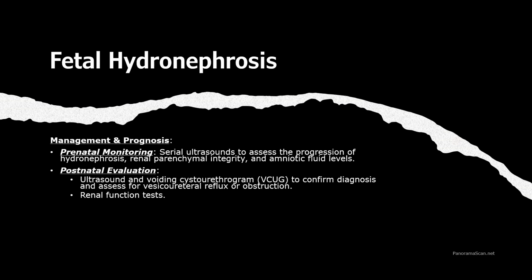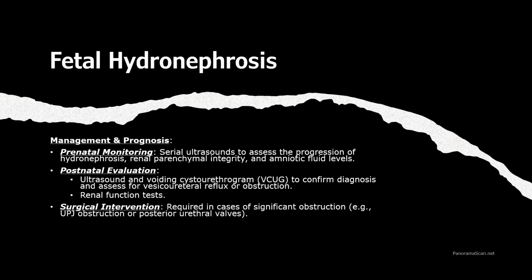Additionally, renal function tests are important to gauge how well the kidneys are performing and whether there is any impact on overall kidney health. Surgical intervention is often required in cases of significant obstruction, such as uretero-pelvic junction obstruction or posterior urethral valves.